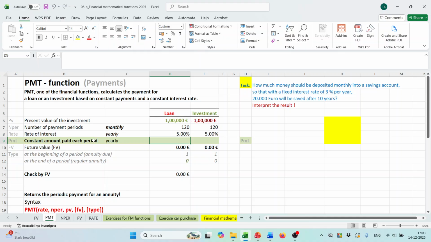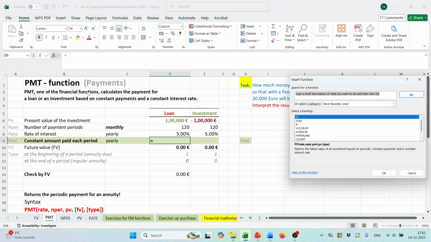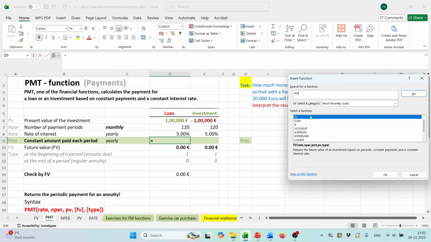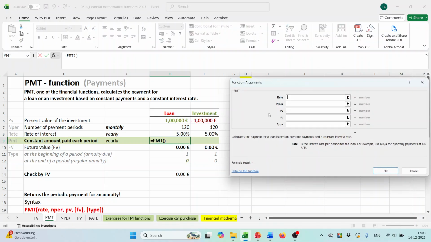That means we have to calculate the PMT. So we go to the function, we find PMT, press go, we found PMT.